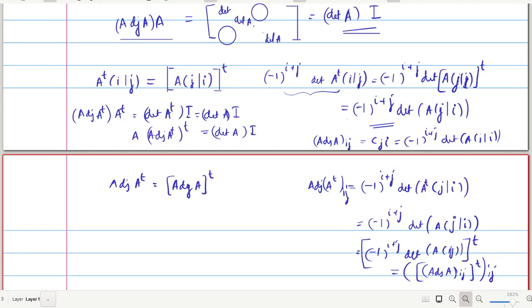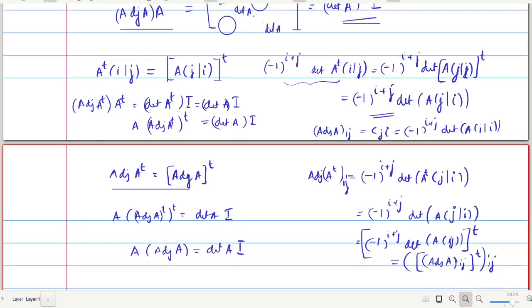By applying this argument, A times adjoint of A transpose whole transpose is equal to determinant of A into I, that is equal to A times adjoint A, which is also equal to determinant A times I.